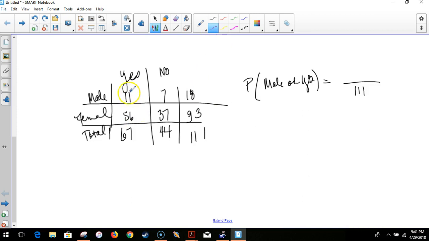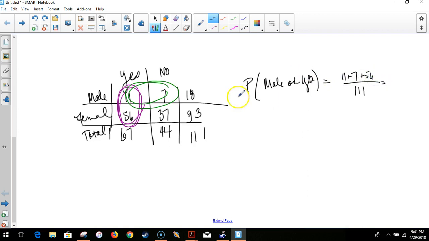If you said yes, so these are the people that said yes, or you were male, here's the people who were male. Now I circled this 11 twice, but I don't need to add it in twice, right? Those are my double voters. So this is kind of like the deck of cards situation where it's like I want a queen or a heart, but I might get both at the same time, but that doesn't mean you count them twice.